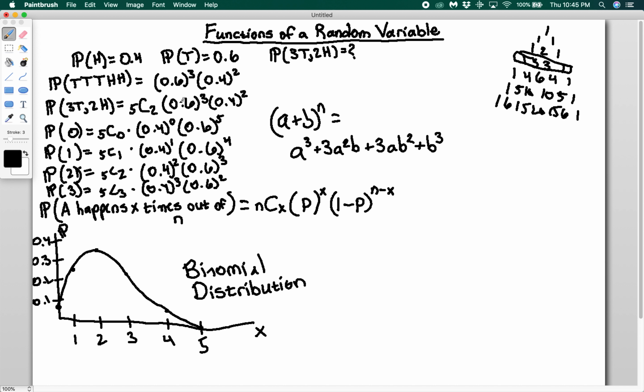So 0.25 is correct, 0.75 is incorrect. How many ways can you arrange it for however many questions you want to ask? Say I want 10 questions and I want to get 3 right. What's the probability of that happening? That's going to be 10 choose 3 times 0.25 to the third times 0.75 to the 7th. So you're just going to plug into this binomial distribution.